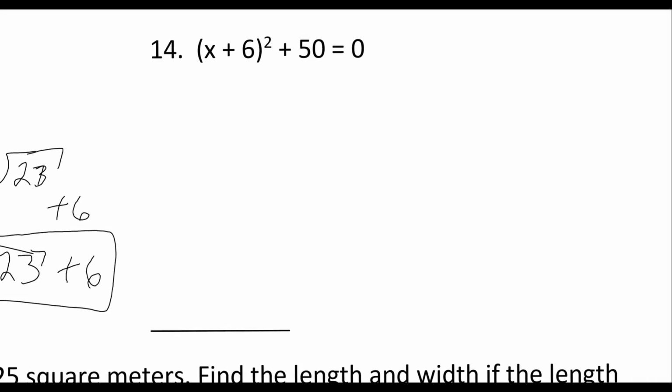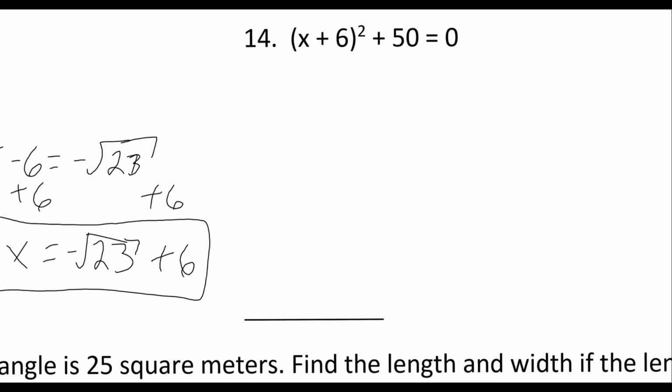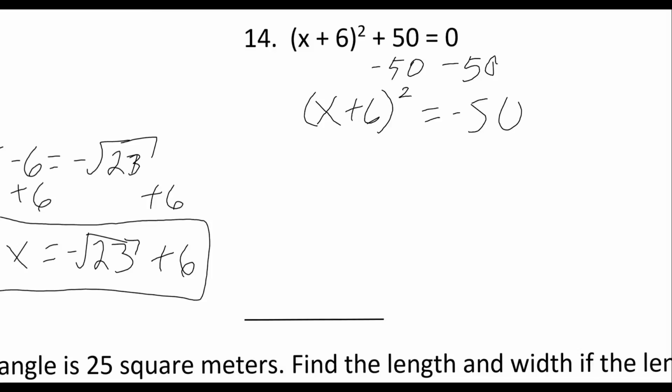Alright, number 14. Let's see, what do we have to do on this one? The first step should be to subtract 50 from both sides. So I go ahead and do that. That's going to give me x plus 6 squared equals negative 50.